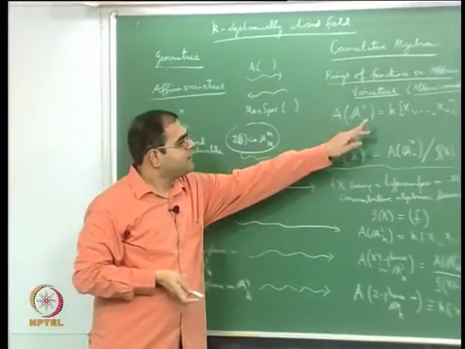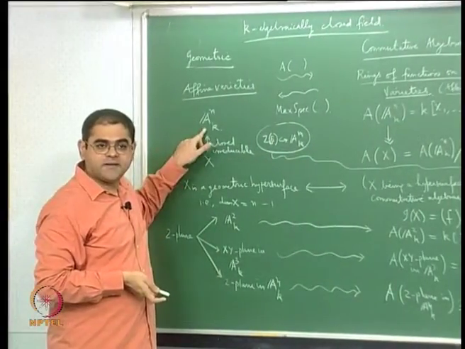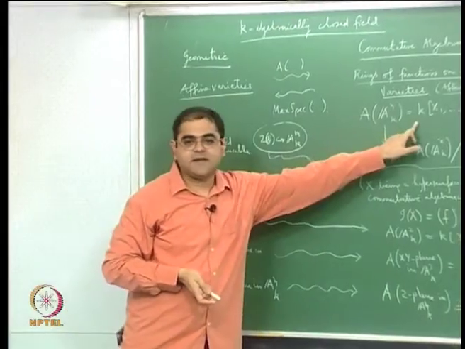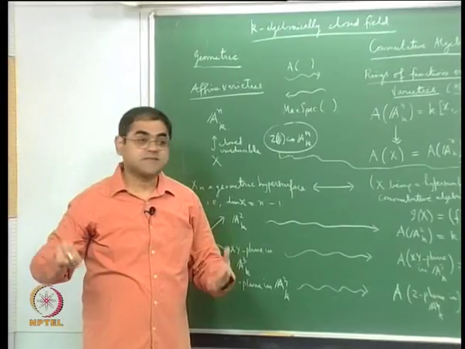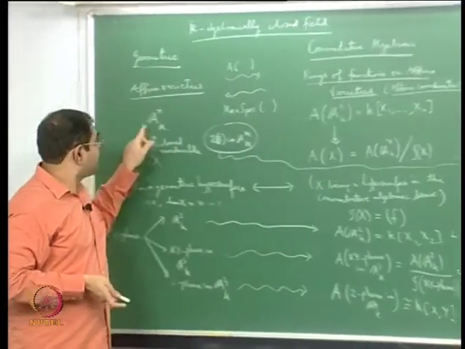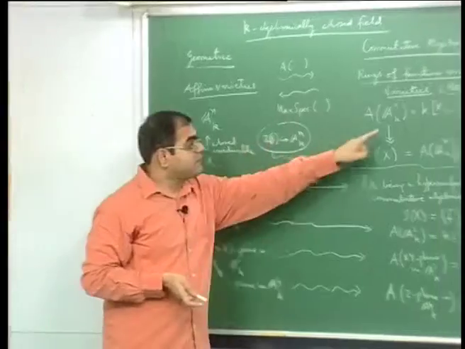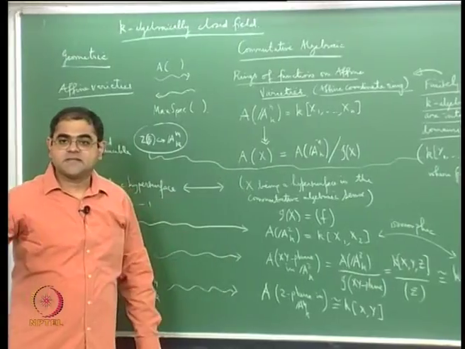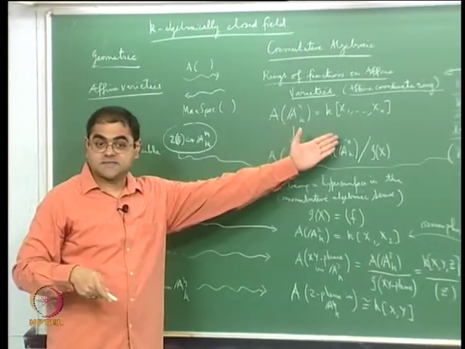I have already told you that max spec of this is actually Kn, because every point in Kn corresponds to a maximal ideal in the polynomial ring. That is exactly what the Nullstellensatz says. The point with coordinates lambda i corresponds to the maximal ideal generated by xi minus lambda i.